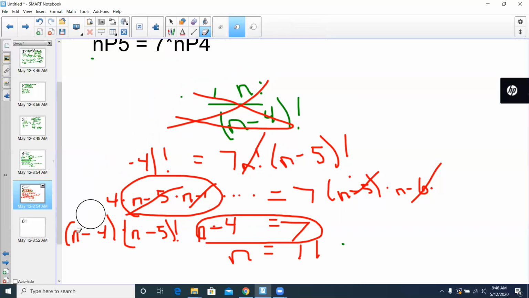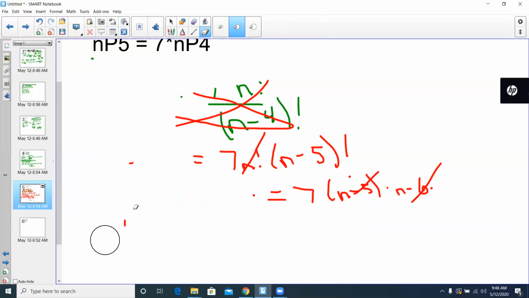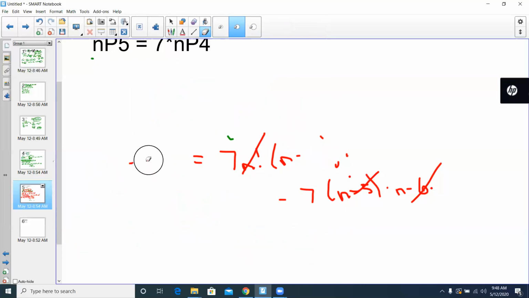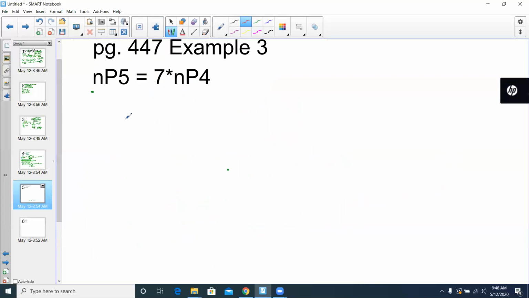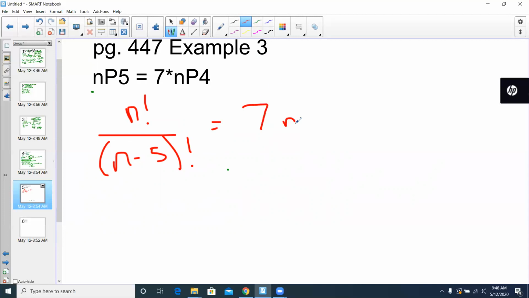Okay, so let's go through one more time. Let's look at that again. So let me get rid of this, because I know this takes a little bit to figure out. So let's go through it. So you're going to have n factorial divided by n minus 5 factorial equals 7 times n factorial over n minus 4 factorial.